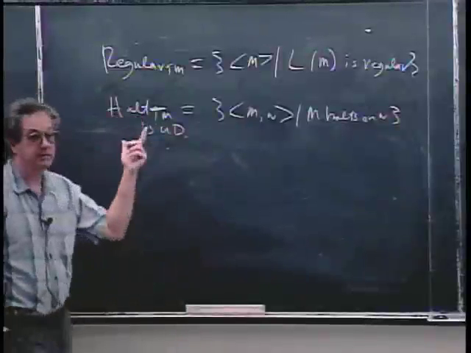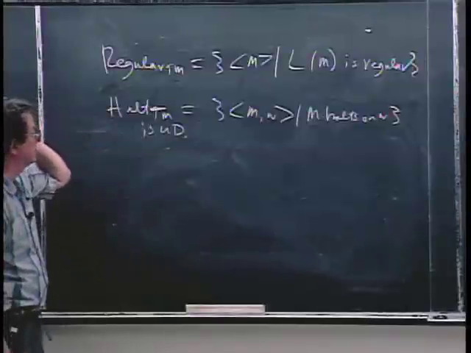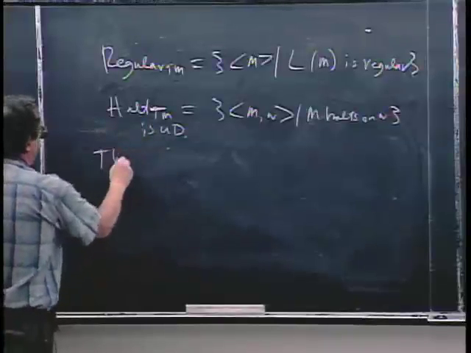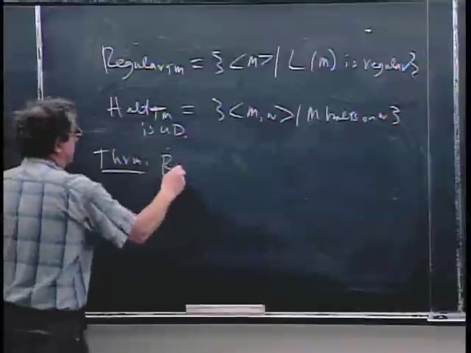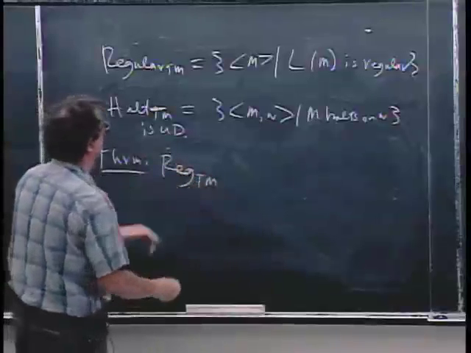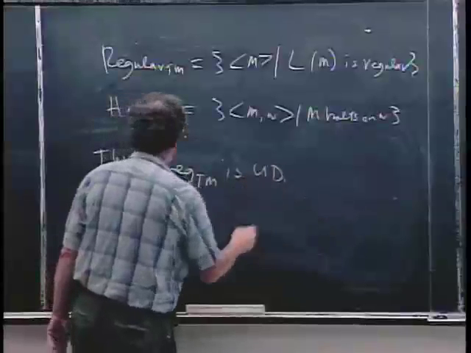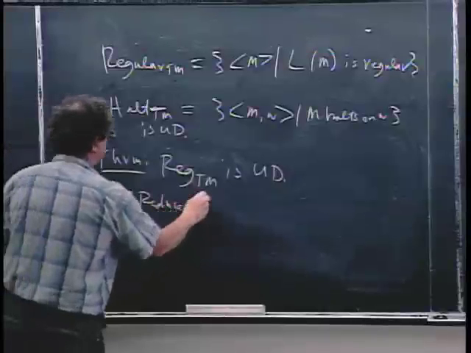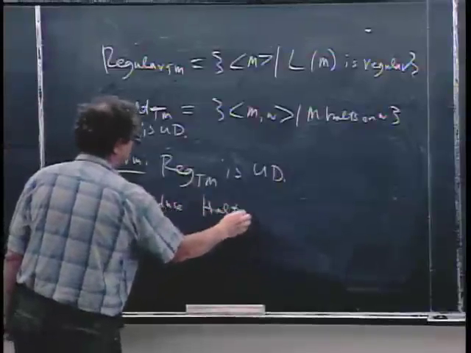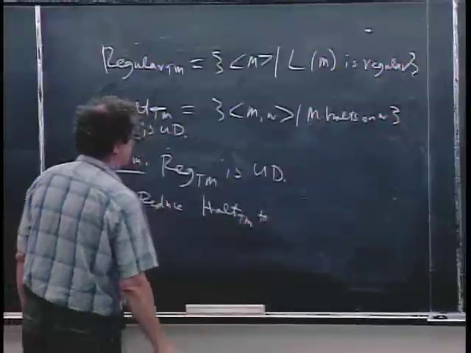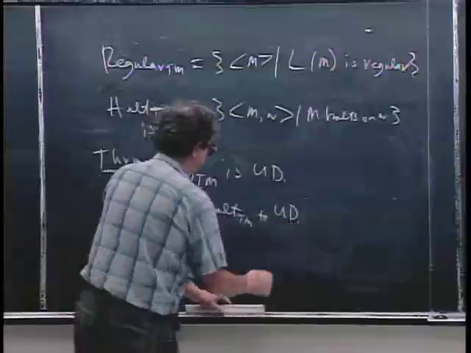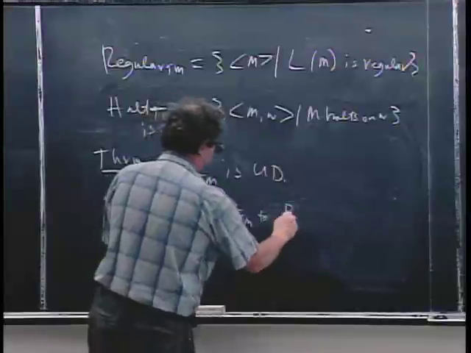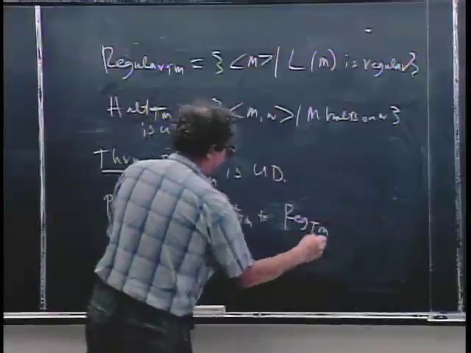We already did that last time, but I wrote it up again at the beginning of this hour. So we want to prove that REG_TM is undecidable. And the proof is going to be to reduce HALT_TM to REG_TM. Okay.